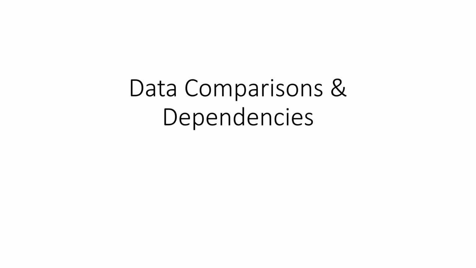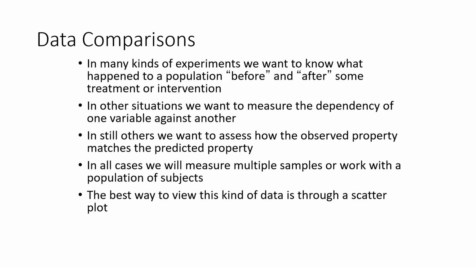We're going to switch gears here and talk about data comparisons and data dependencies. This refers to situations where we're typically looking at the effects of some intervention, or a before and after study, where we're comparing one variable before to another variable after to see what's happening.